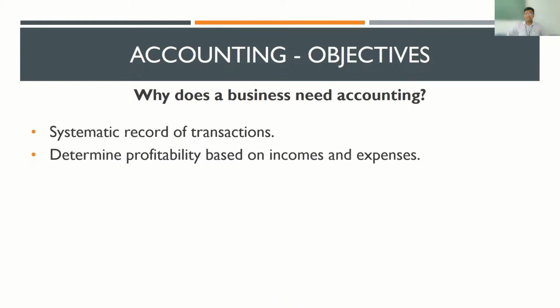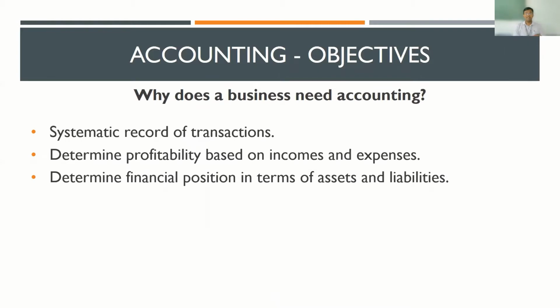This comparison is done by the accountant, who compares how much income and how much expense a firm has. Based on this, we come to know whether the company is running on profit or loss. This is referred to as determination of the profitability of the firm.